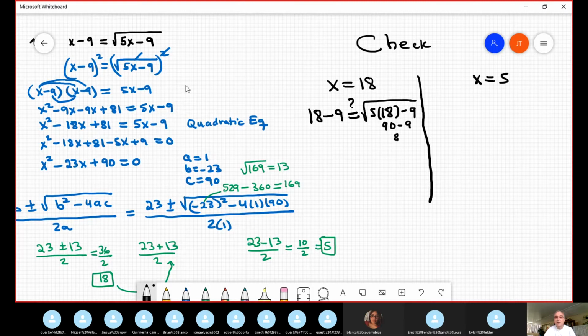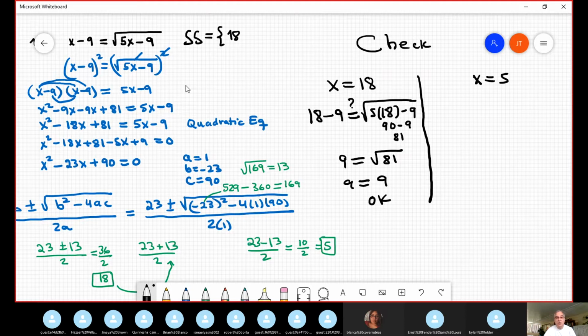And the square root of 81 is 9. And 18 minus 9 is 9. Oh, super. Okay. The solution 18 works.